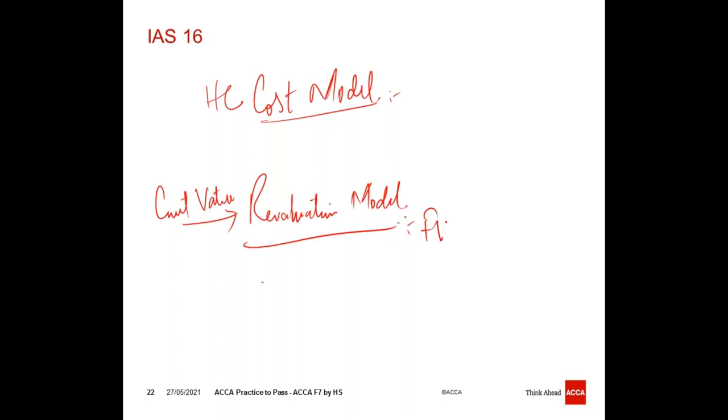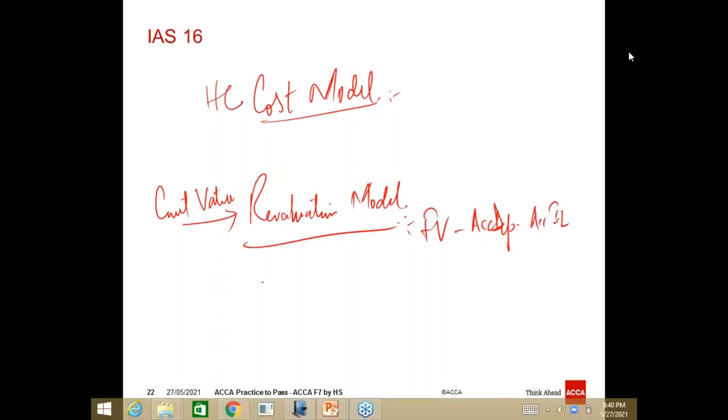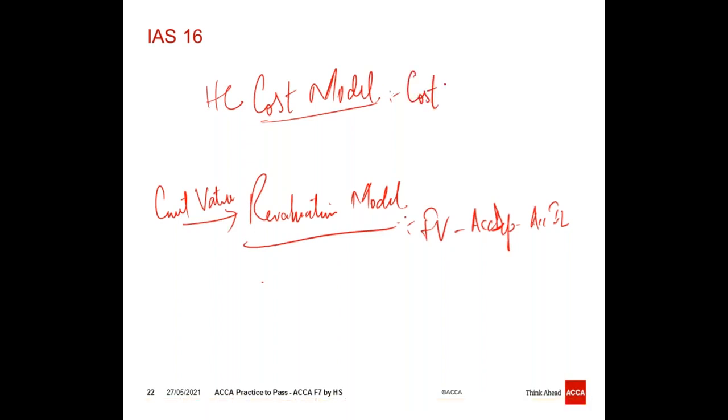So here we can measure the asset at the fair value less accumulated depreciation and accumulated impairment loss. In the cost model, the asset will be measured at cost less accumulated depreciation and accumulated impairment loss.